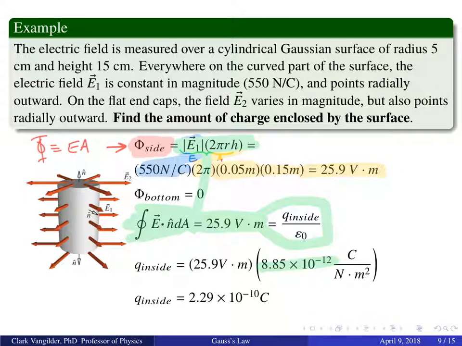So inside of this box is almost a nanocoulomb, a tenth of a nanocoulomb, if you will. Not a lot of charge inside of the box.